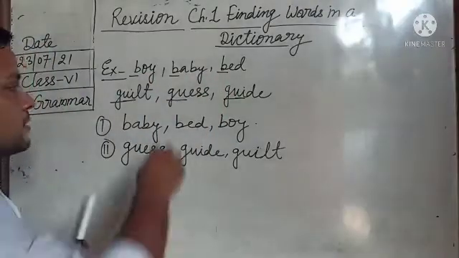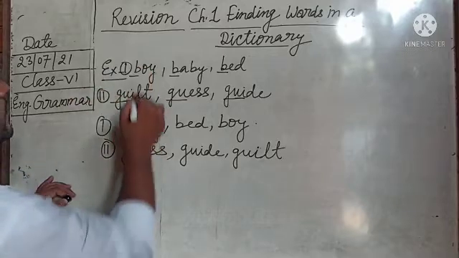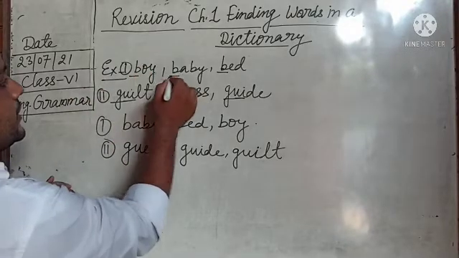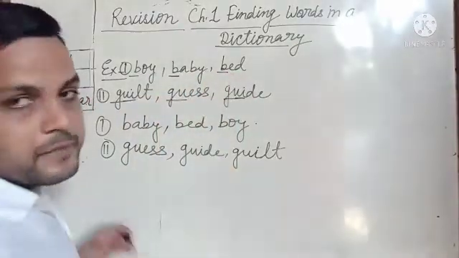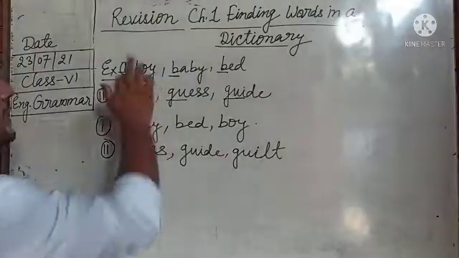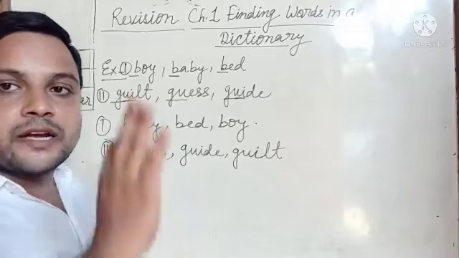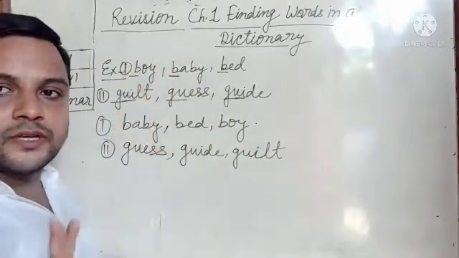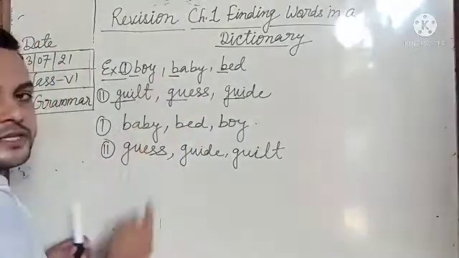Students, in example number one, the first letter is the same. B, boy, baby, B, and bed, B. So it will be arranged according to the second letter. In alphabetical order, whatever letter comes first, we will write that word first. So A comes first.